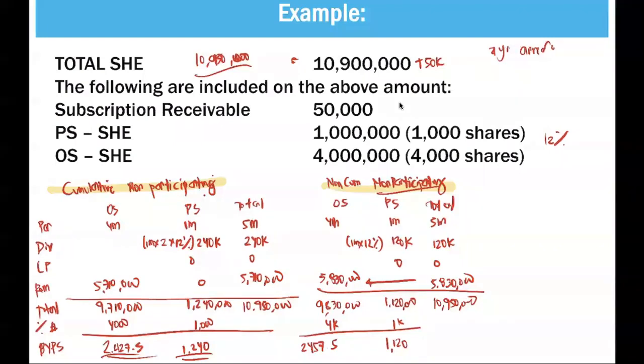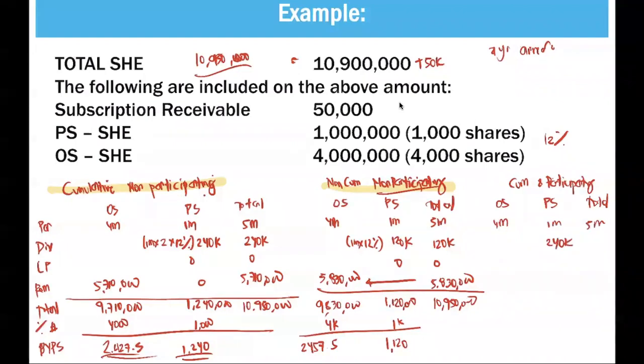So how about if it is cumulative and participating? So we have here OS, PS, and your total. So first the par, 4 million, 1 million, so we have 5 million. And since it is cumulative, the dividends will be for 2 years, 240,000.